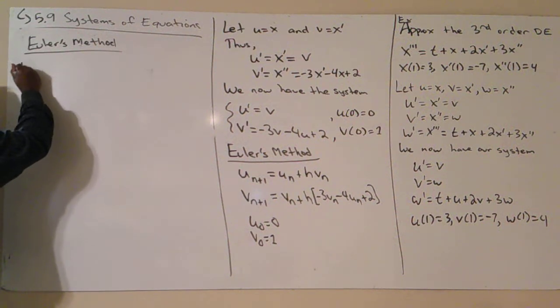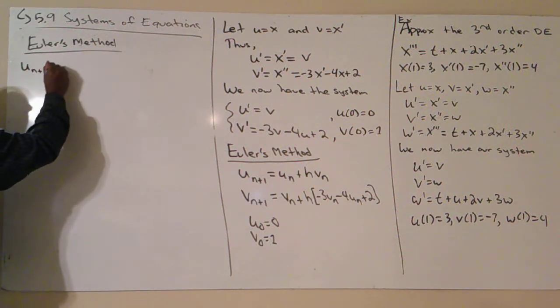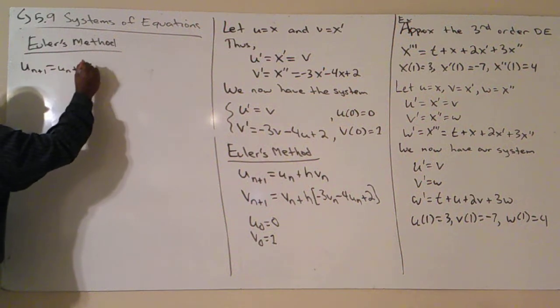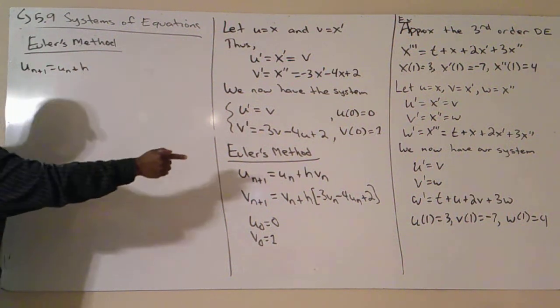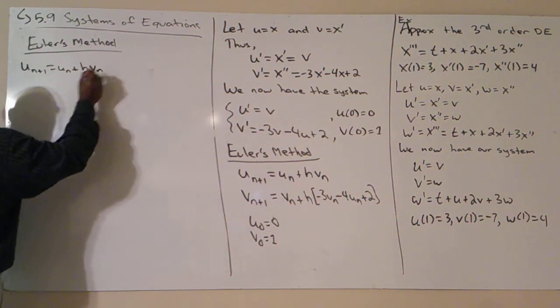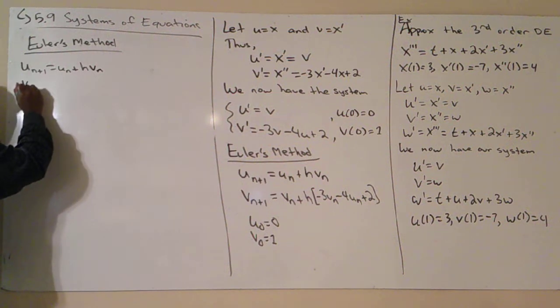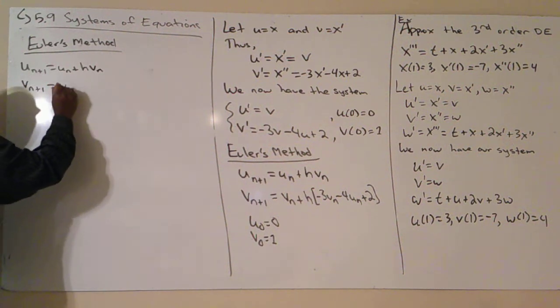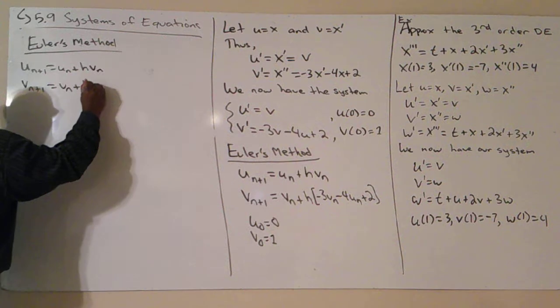So this is what we have. Euler's method: u sub n plus 1 is equal to u sub n plus h times, in this case, v sub n. v sub n plus 1 is equal to v sub n plus h times w sub n.